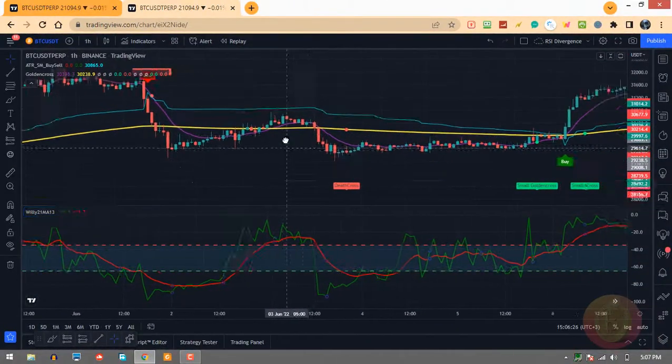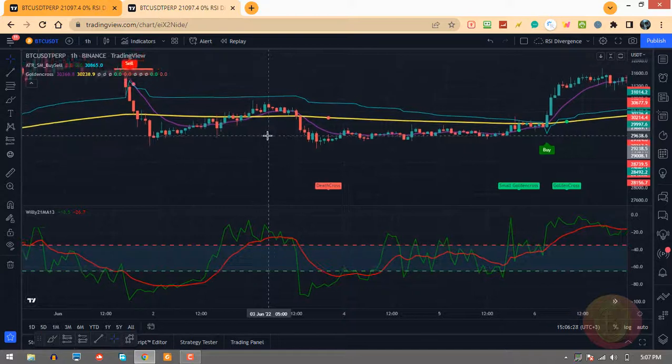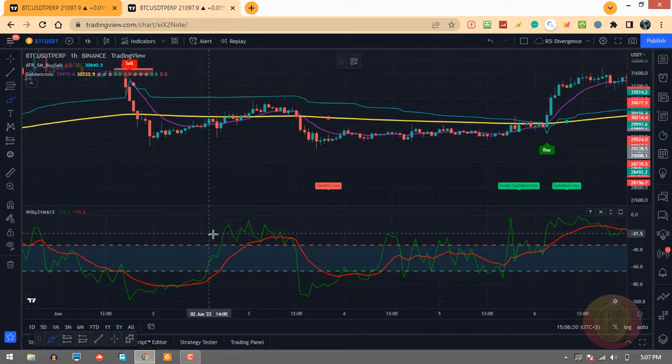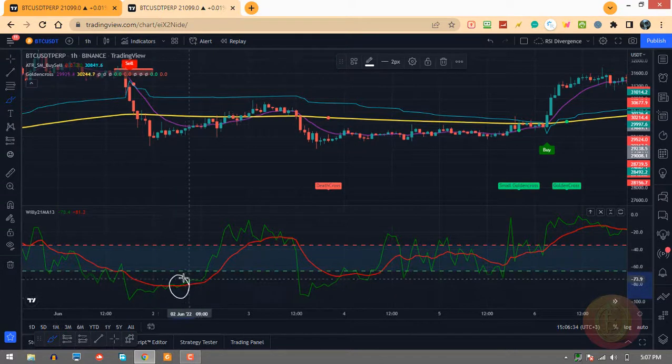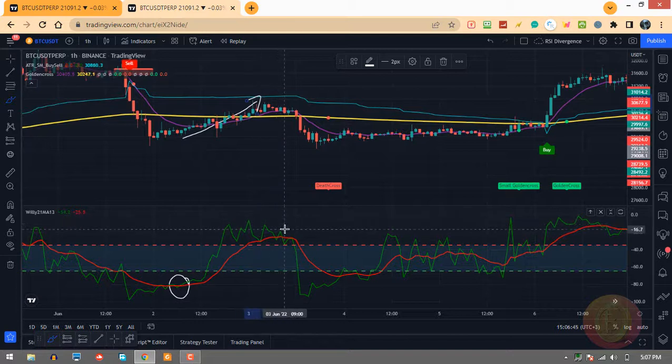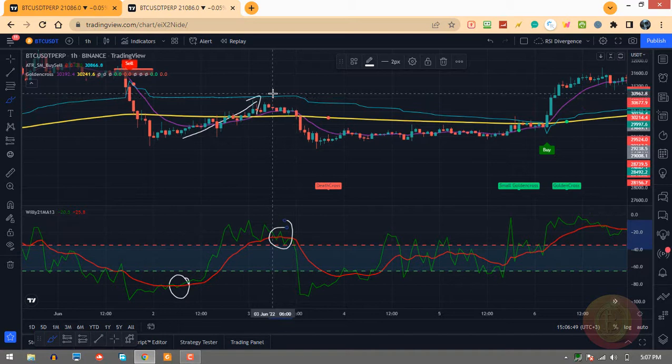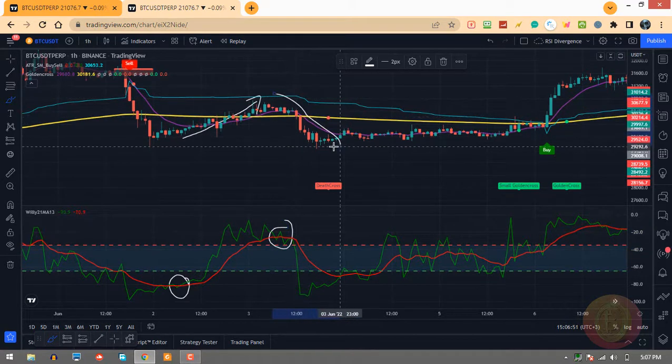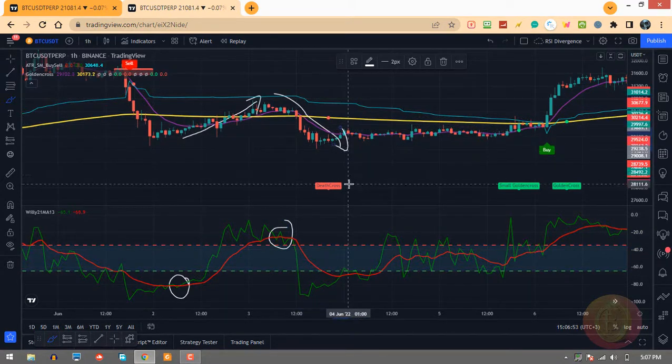Now, after doing the settings that I've done in the video, you can first of all understand how I will work on this Willey. Whenever green crosses above red, it is generally a buy signal, but we will go specifically into it when we apply it in trades, and whenever it cuts downward, it is a short setup.